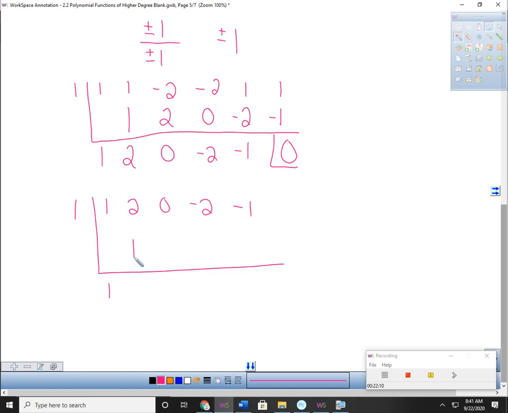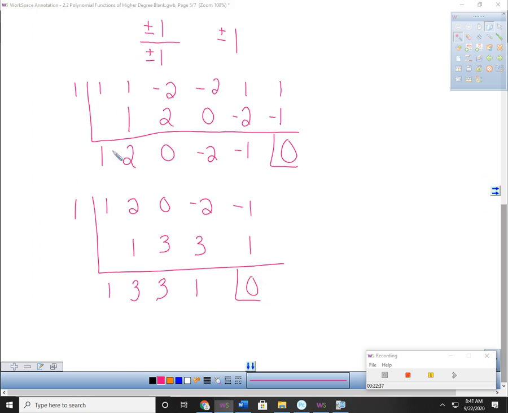That gives me 1. 2 plus 1 is 3. 3 times 1 is 3. Add those two together, that makes 3. Times 1 is 3, plus a negative 2 gives me 1. Times 1 is 1. Add those together, I get a remainder of 0.